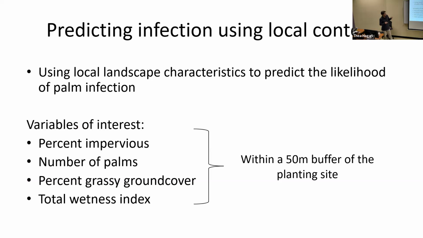And we set out to see if percent pavement around the palm, the number of palms around the palm, the percent of grassy ground cover, and then we calculated this wetness index to predict soil moisture. We put all that into a model to see if we could predict the likelihood of a disease detection. So yes or no, pathogen detected.